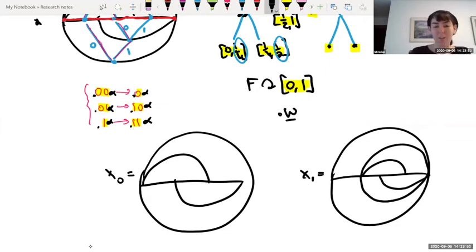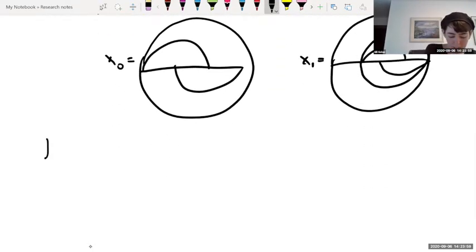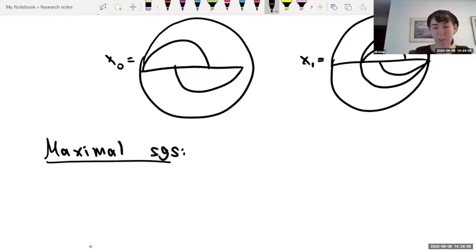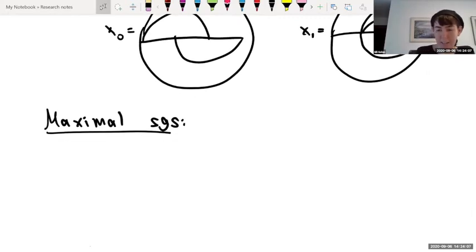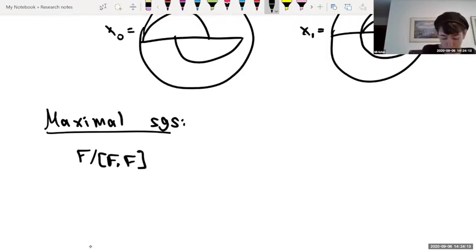So we are interested in maximal subgroups of F, and let me give you a brief history of the subject. First of all, I should mention that the Abelianization of F is just Z squared, and the derived subgroup of F is infinite and simple.